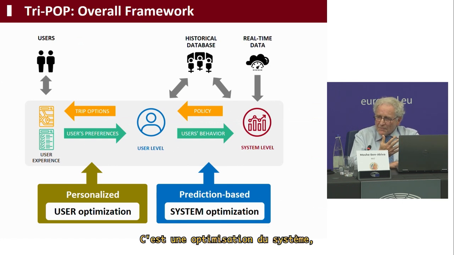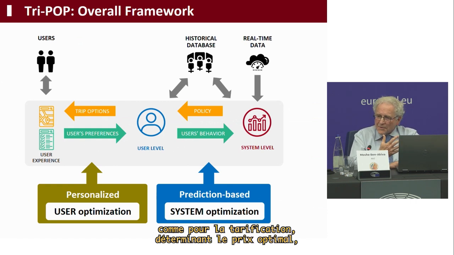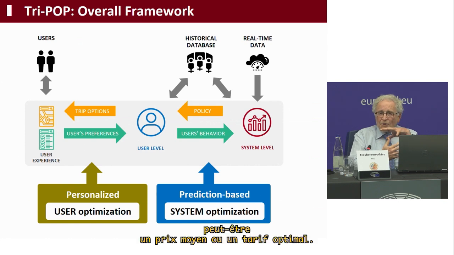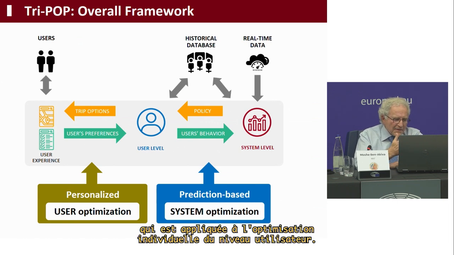This is system optimization, the usual kind of optimization that we have in mind, like for pricing, determining the optimal price, maybe an average price, or an optimal price tariff. But then the tariff is a policy, and it is applied at the individual level, as user optimization.